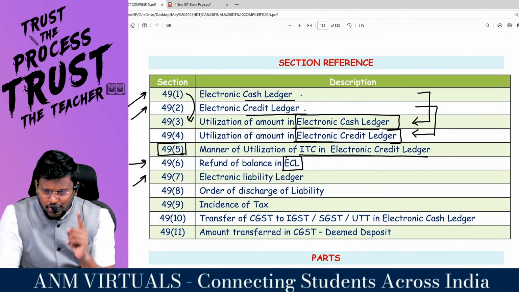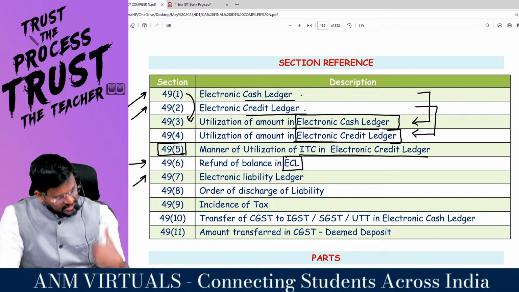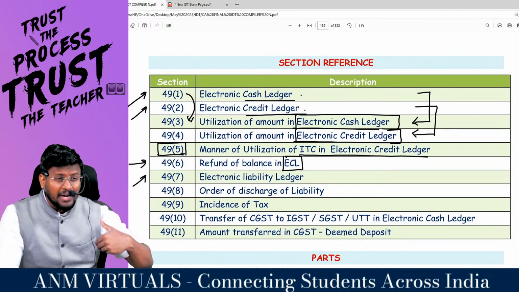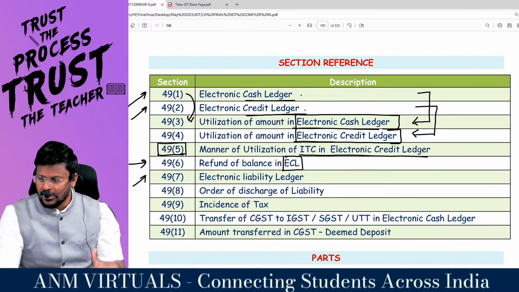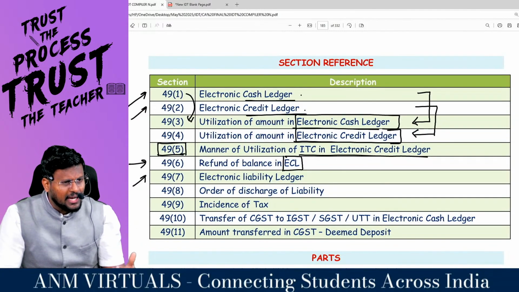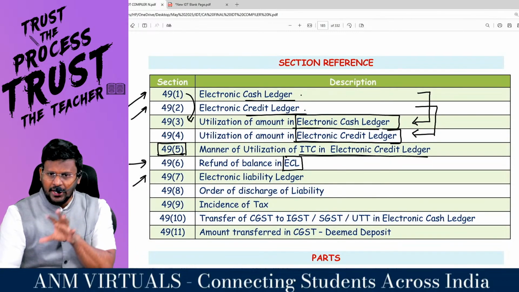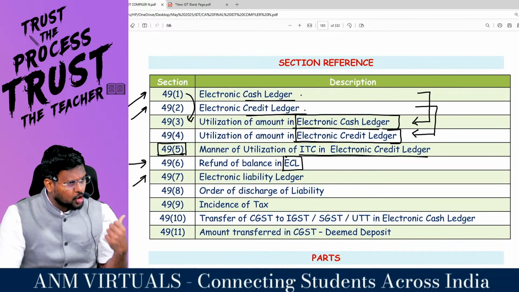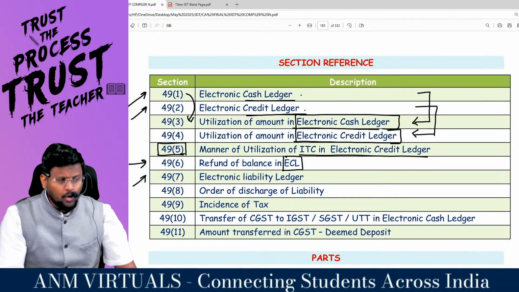So, we have talked about our asset. Both the electronic cash ledger and the electronic credit ledger are our asset, because our money is with the department. If it is our asset, it's a liability for the department. If I deposited 10 lakh rupees in the electronic cash ledger, my money is available with the government.